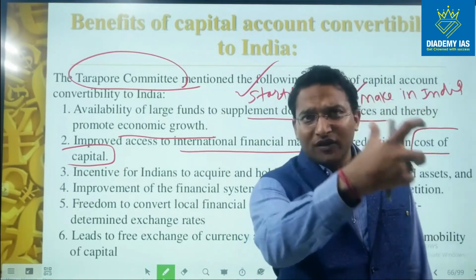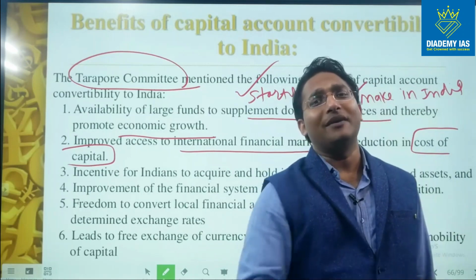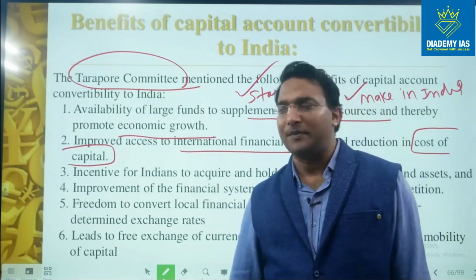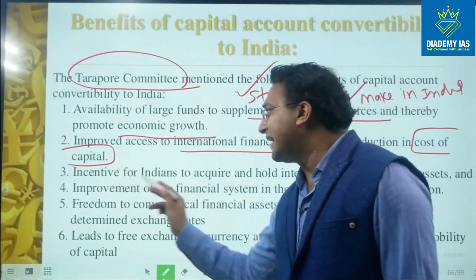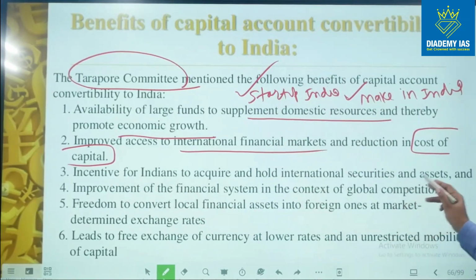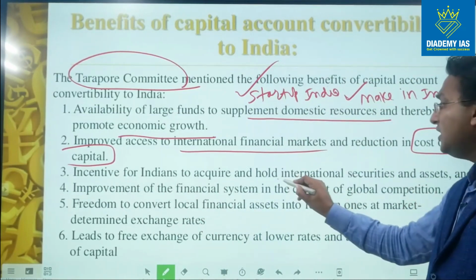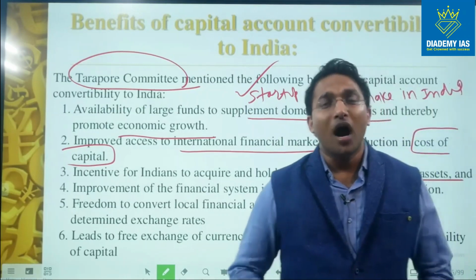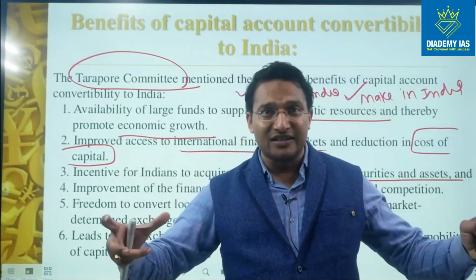So if we borrow from a foreign country after fuller capital account convertibility, we can actually reduce our cost of capital. Number 3, incentive for Indians to acquire and hold international securities and assets. So even we people can hold international securities and assets. So our global presence will enhance.